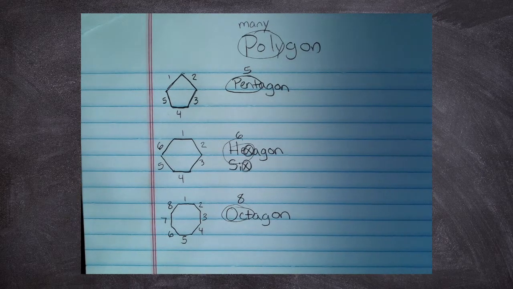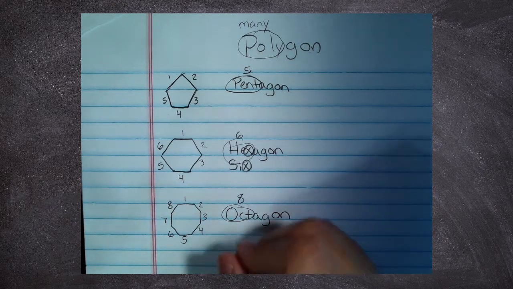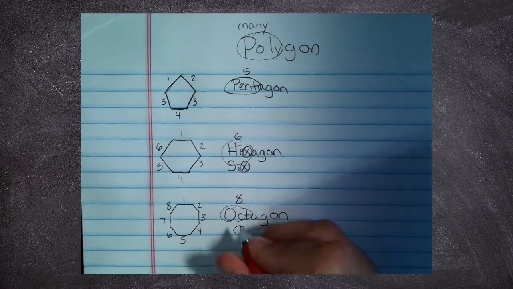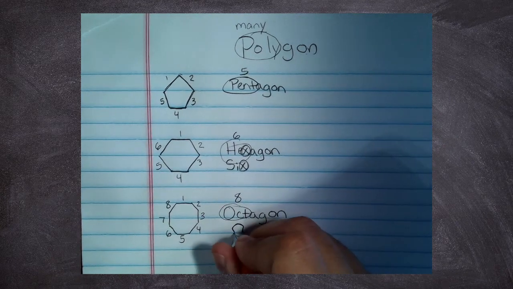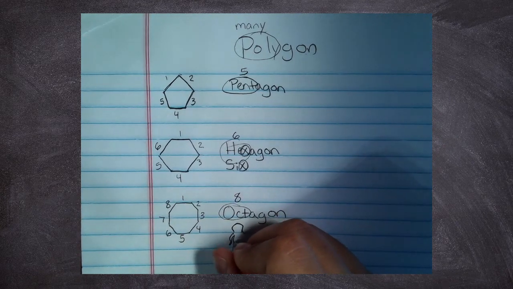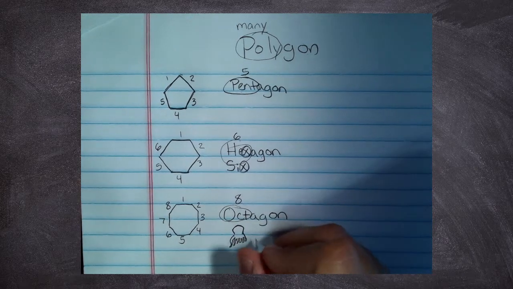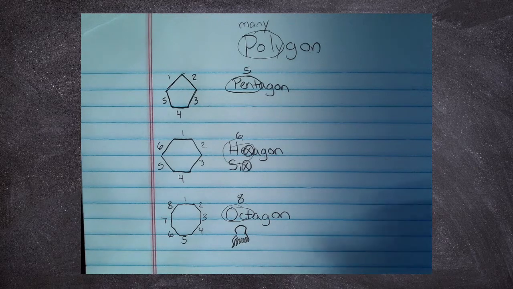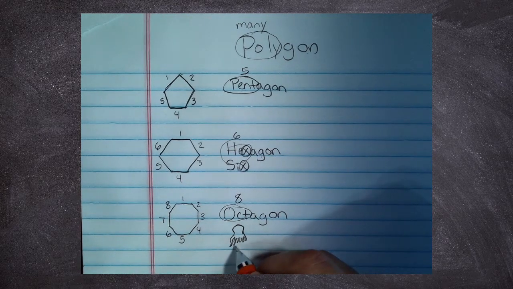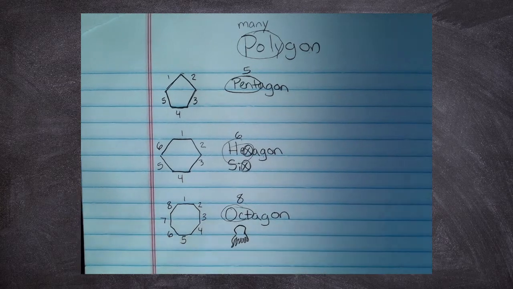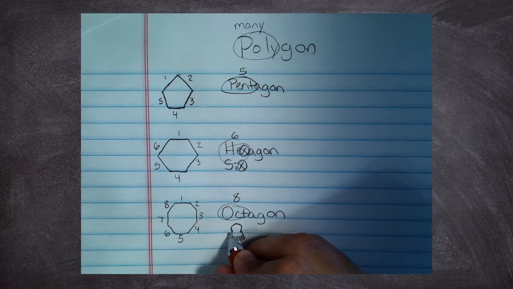And there's something I use for octagon to help me remember. I think of an octopus. An octopus has 8 tentacles. Let me make sure my octopus. 4, 5, 6. Oops. I almost cut off some tentacles from my octopus. Let me put some more.